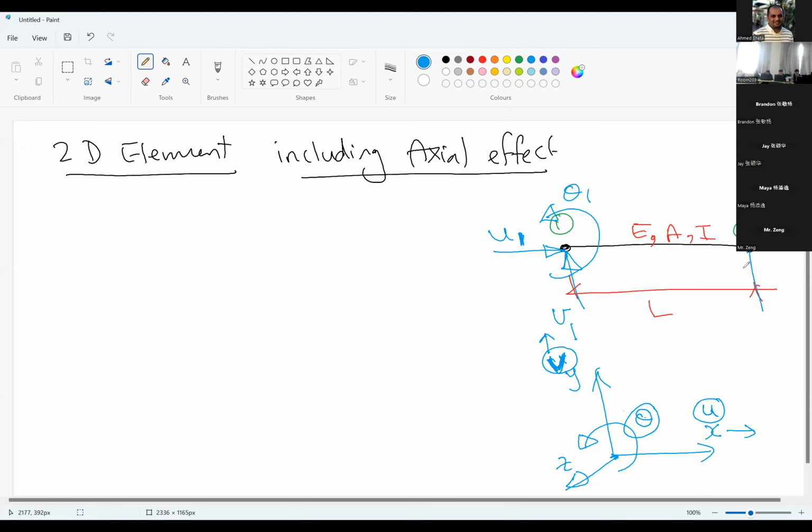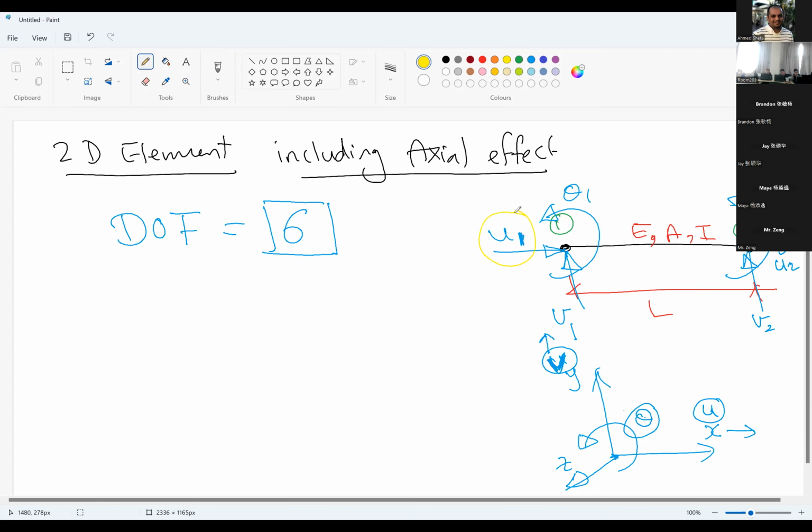So how many displacements do we have here at node 2? Can you tell me? At node 2, we will have U2, V2, and theta 2. So how many degrees of freedom do we have for this element? 4 or 6? 6. So why 6?